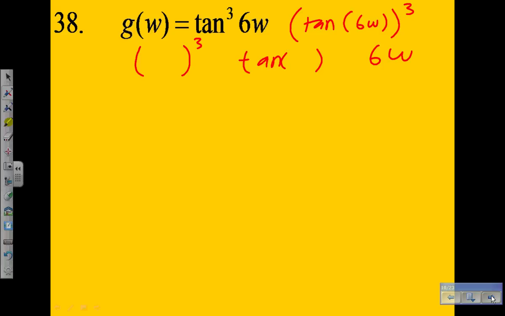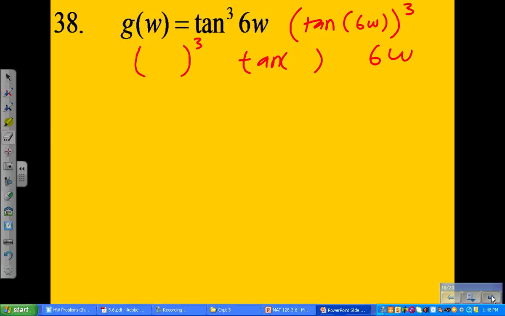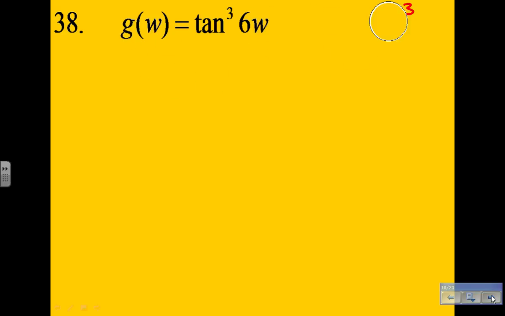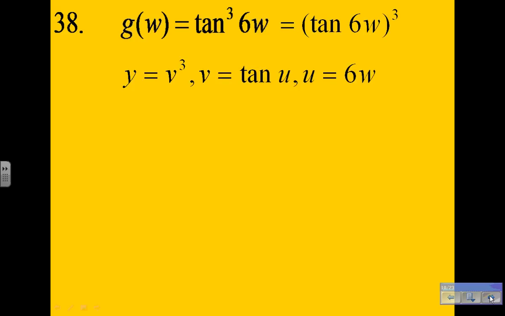Another way of looking at it is how the textbook does it. They introduce another variable. Sometimes I do, but this is about the only slide you'll see me do this for the chain rule all year. They say think of it as y equaling v cubed, v equaling tangent of u, u equaling 6w.